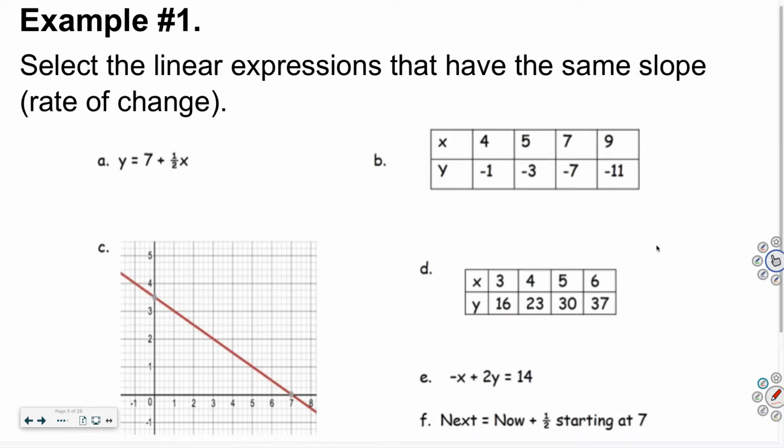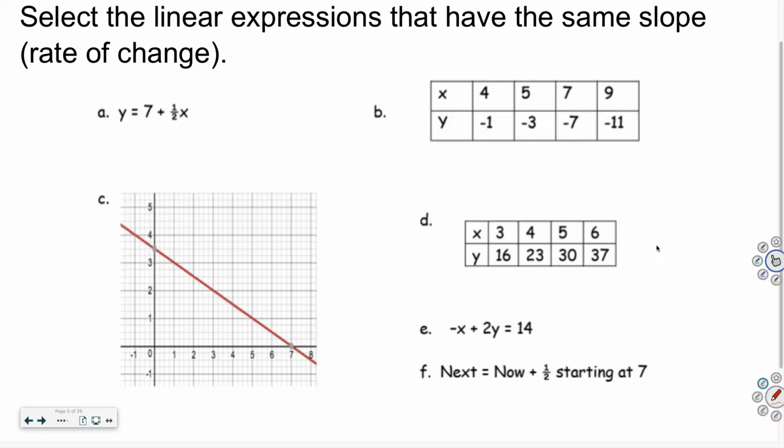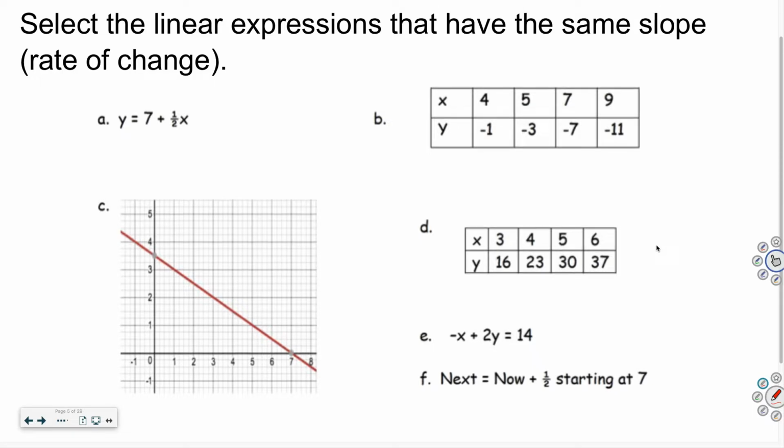All right, that was the introductory example. Example number 1: select the linear expressions that have the same slope, that have the same rate of change. This m is 1/2. Let's look at change in y over change in x.